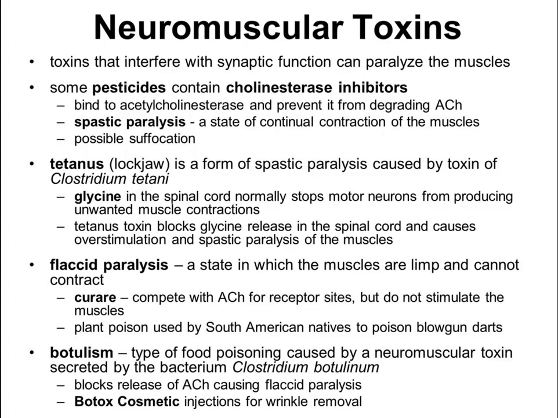So glycine in the spinal cord normally stops motor neurons from producing unwanted muscle contractions, but a tetanus toxin blocks those glycines that are released in the spinal cord and causes an overstimulation and spastic paralysis of the muscles. You can also have a flaccid paralysis, and this is a state in which the muscles are limp and cannot contract.